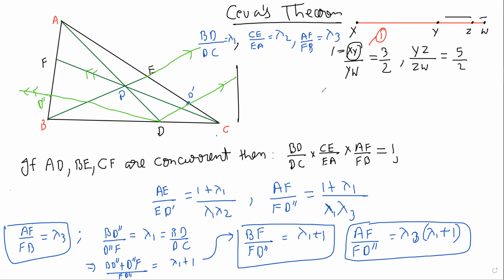It's not wrong. You can do anything you want, but in the end, you have to find xy by yz. You have to not get rid of yz, but something else. Let's see.